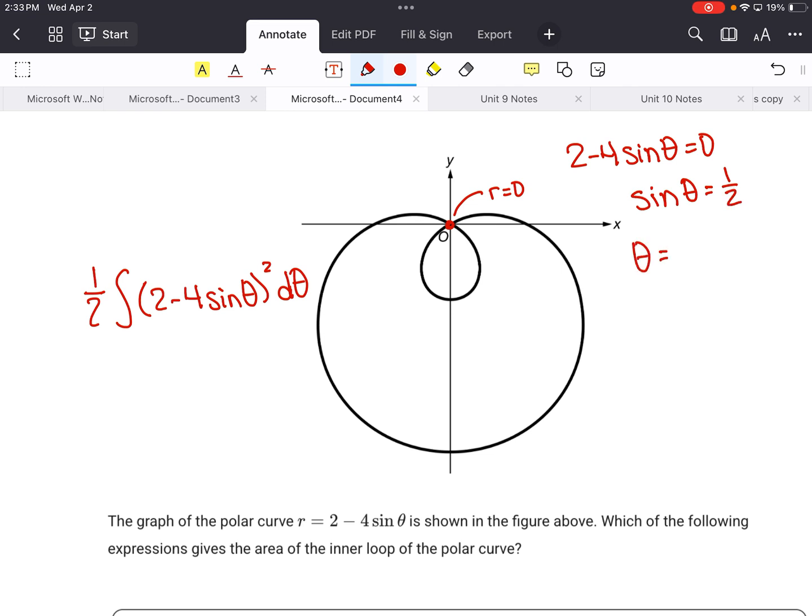The y coordinate is 1/2 for 30 degrees. So pi over 6. In quadrant 2, 5 pi over 6. It would be negative in quadrant 3 and quadrant 4. So, I mean, we could go another circle. So like 13 pi over 6, and on and on and on.